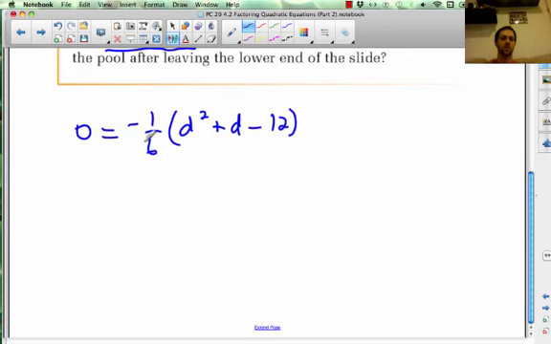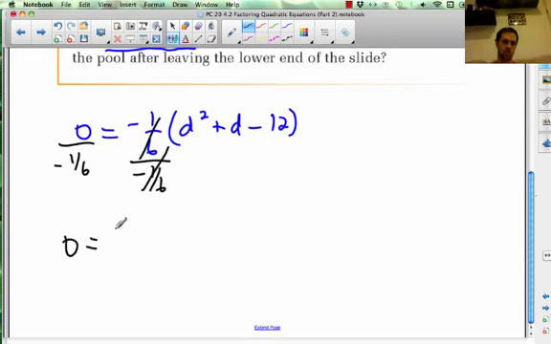If we wanted to get rid of this coefficient here, we could divide both sides by 1/6, or multiply both sides by 6. Now 0 divided by 1/6 would just remain as 0. So this coefficient can completely disappear, and we're left with something really simple.